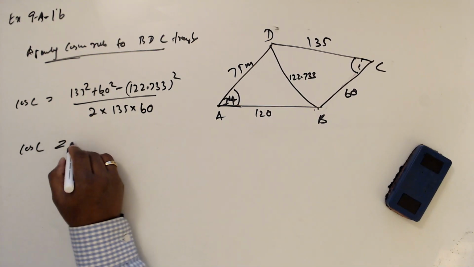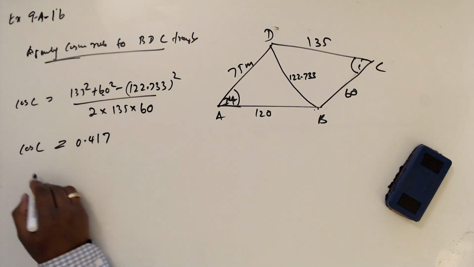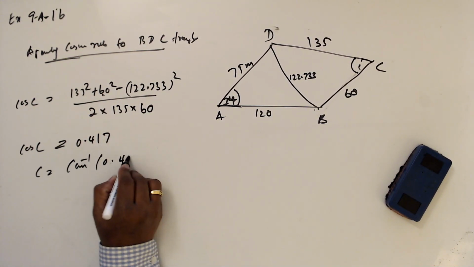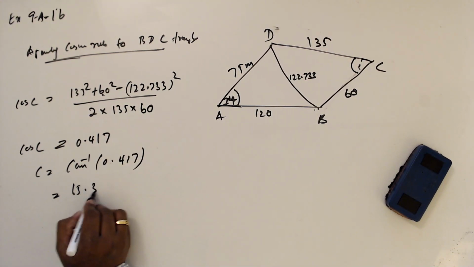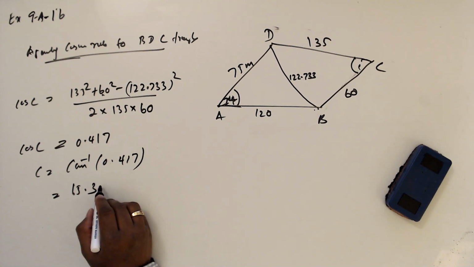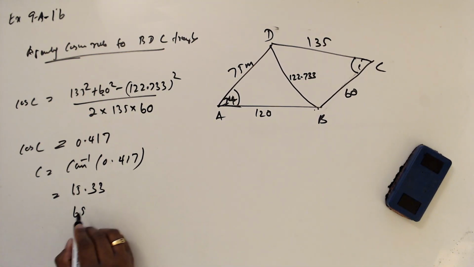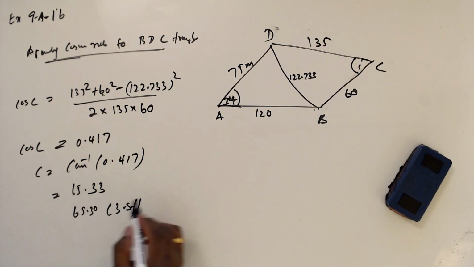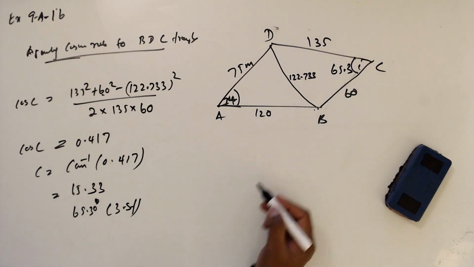So cos C equal, you will get 0.417, and C equal cos inverse 0.417, which is 65.33, and it is 65.3 to 3 significant figures. So this is 65.3 degrees basically.